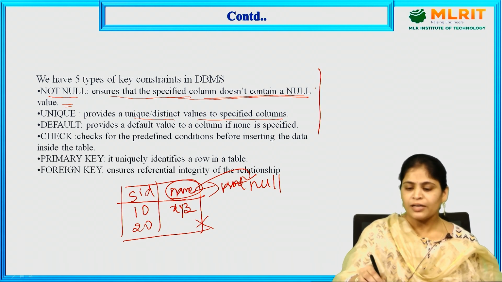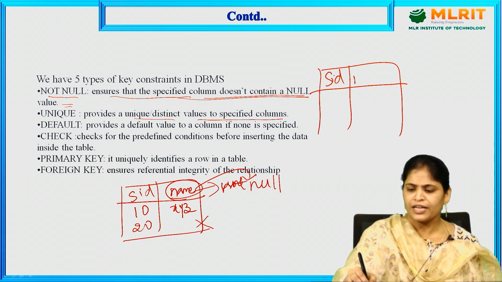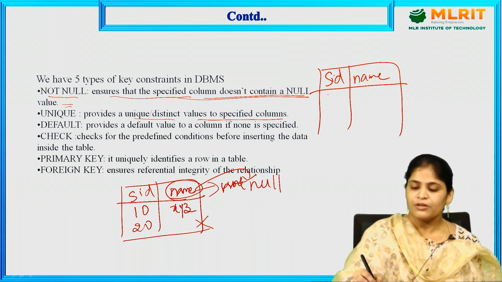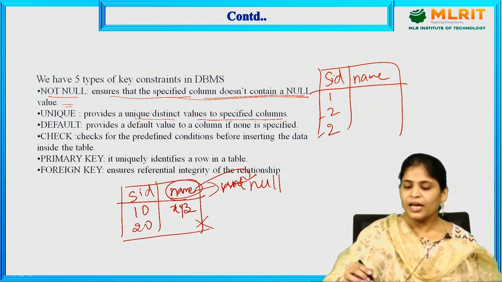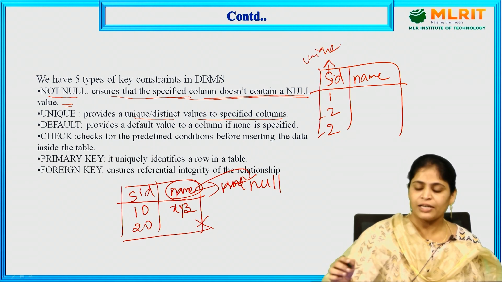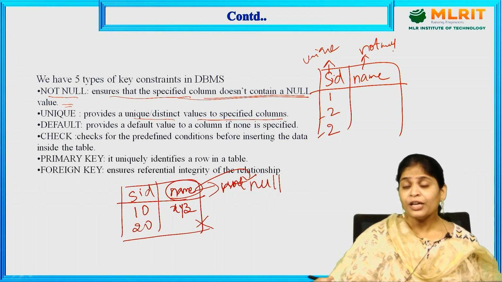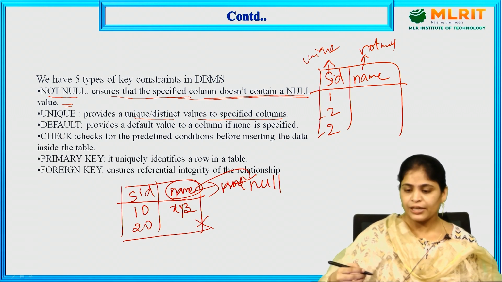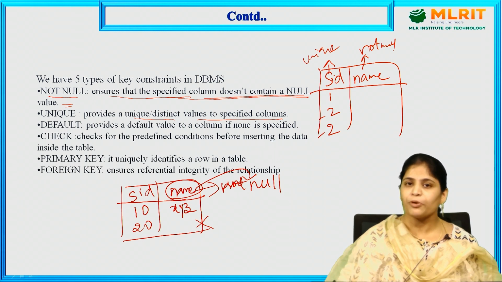Let us consider the same table, SID and name, with 2 columns. Suppose here I give the same ID, and I have declared this column as unique and this name as not null. How we have to declare these, I will tell you in later slides, how we represent these types of queries in SQL.